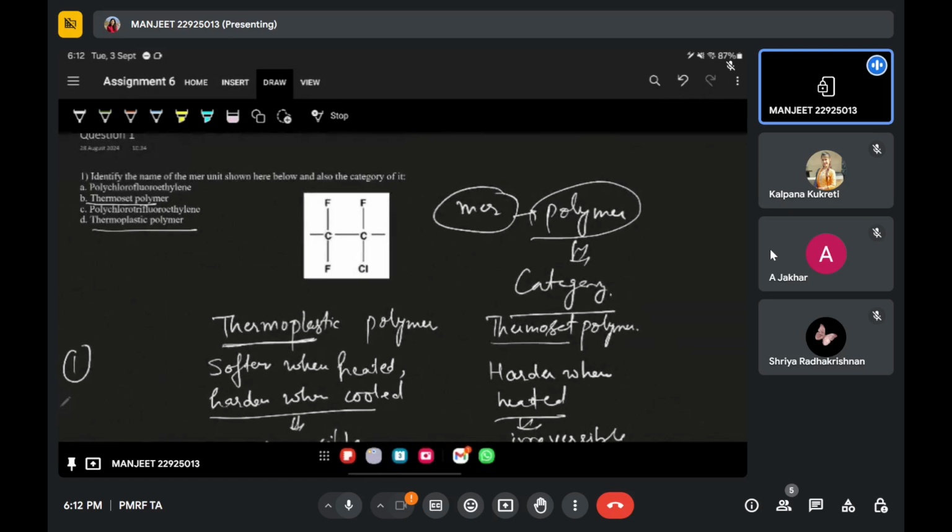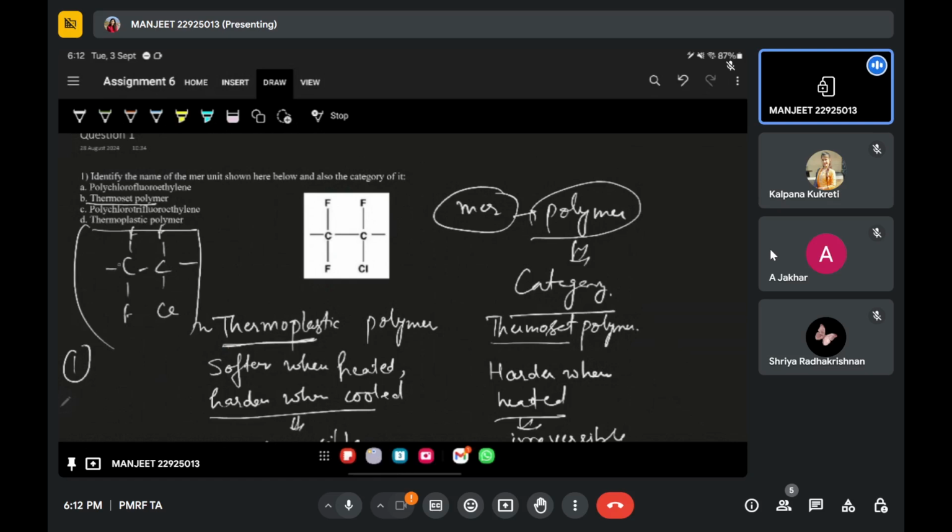Now here it is given this carbon structure. This is only the mer unit, so it will get repeated, and the polymer will be n times this unit, because a polymer is the repetition of the mer unit.